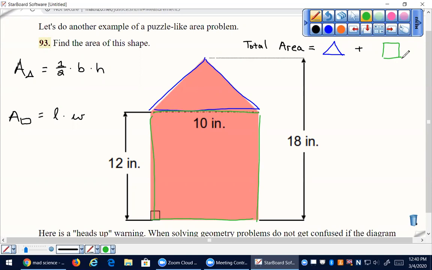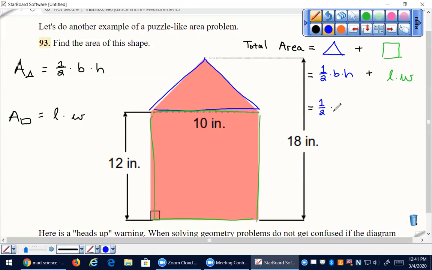So first line, no symbols, no words, no letters, just make your plan. What you're adding, what you're subtracting. Then on your next line, put in the formulas. And you'll see that each shape in your plan is its own term. And then on your third line, finally plug things in.